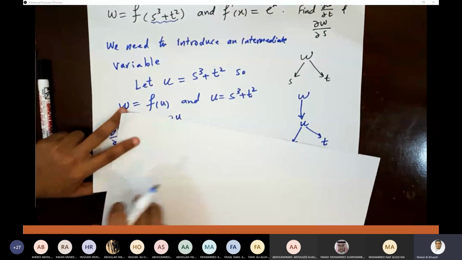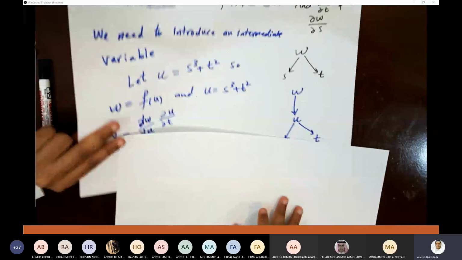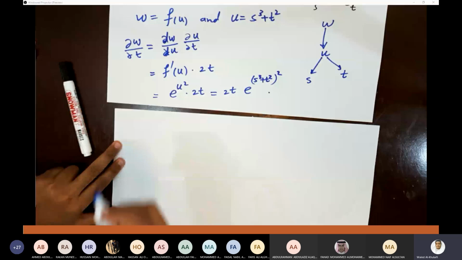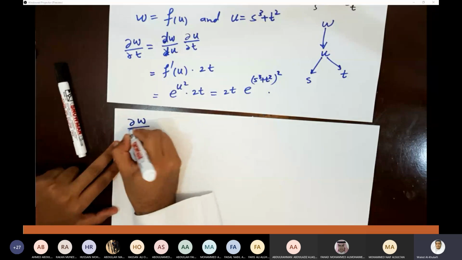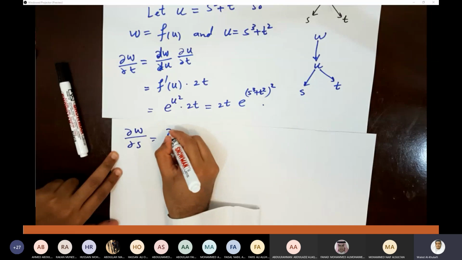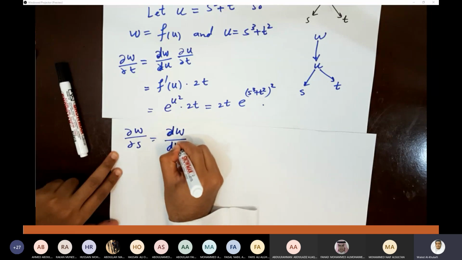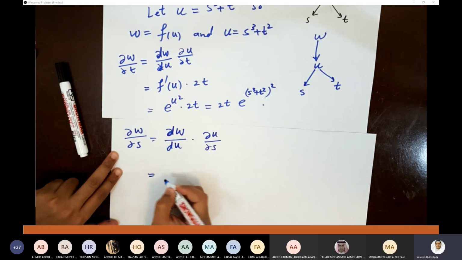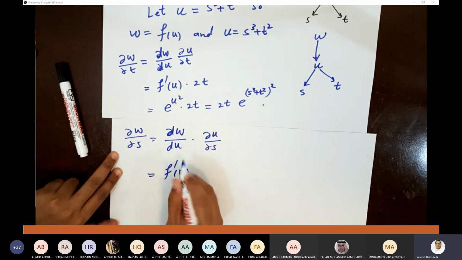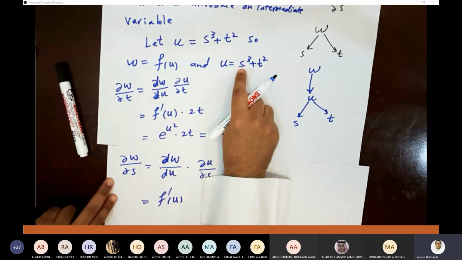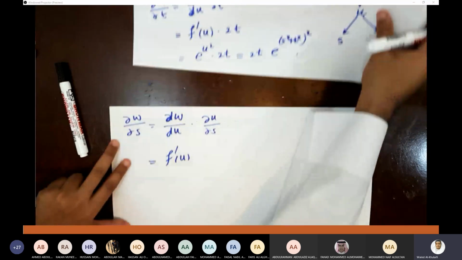Now remember that we need to find the partial w by partial s, so we follow the same way here. Partial w by partial s is equal to, if we follow the branch, dw by du times partial u by partial s, and this will be f prime of u. This does not change; the change is when u is here, so we have 3s squared.